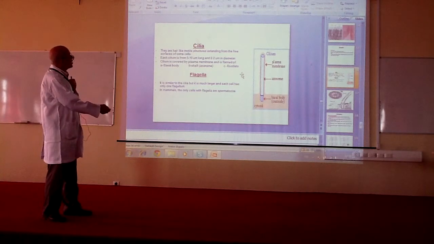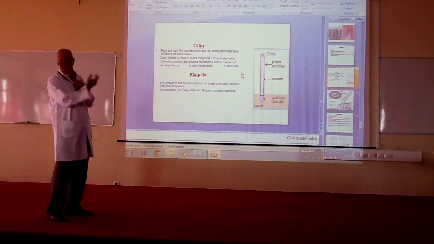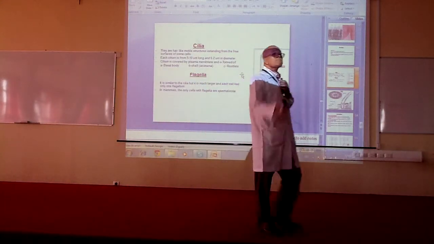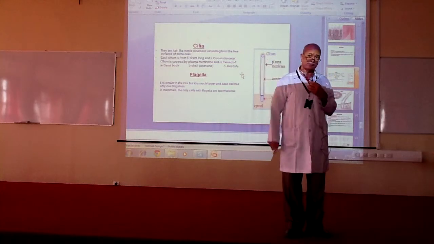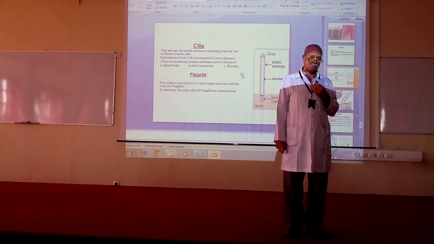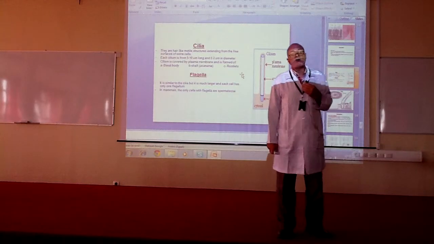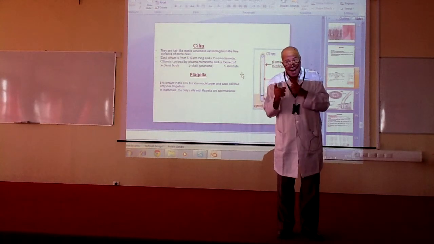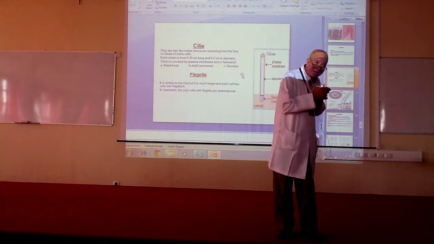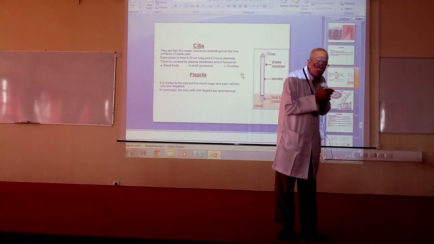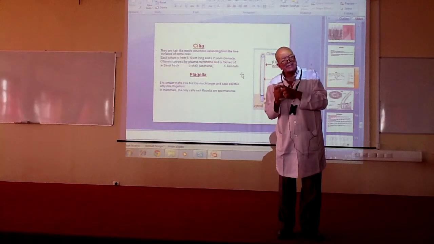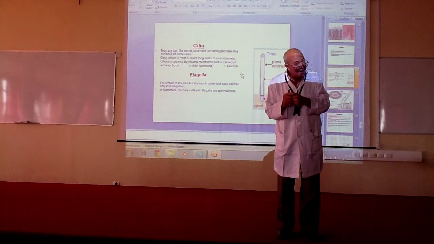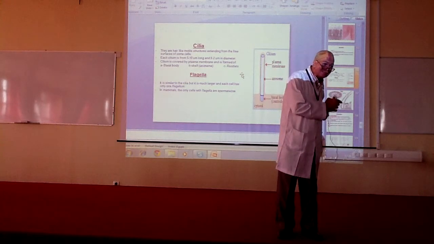What is the structure of the axoneme? Microtubules. How do they move? They have dynein arms, which contain ATPase, adenosine triphosphatase.